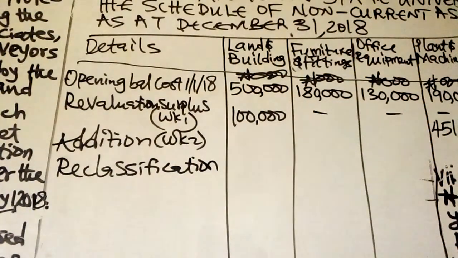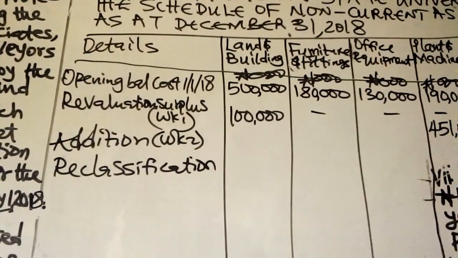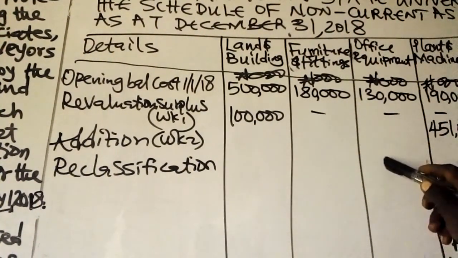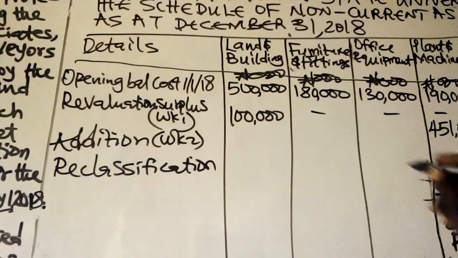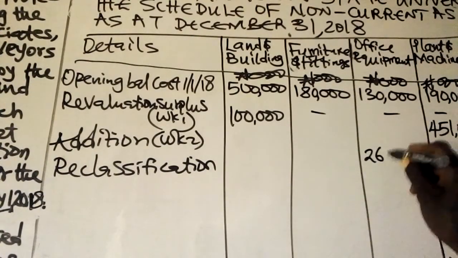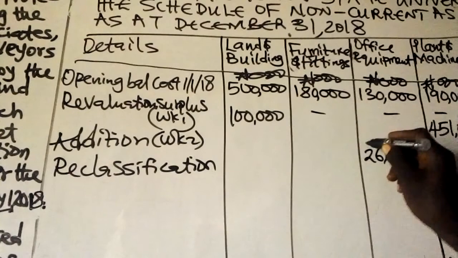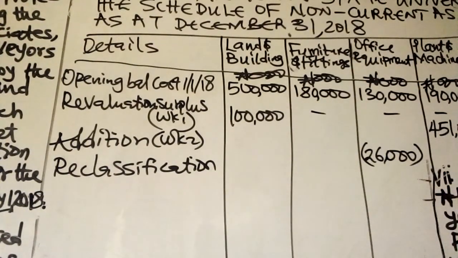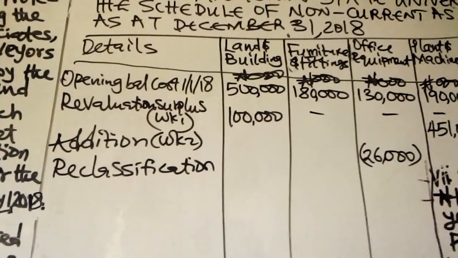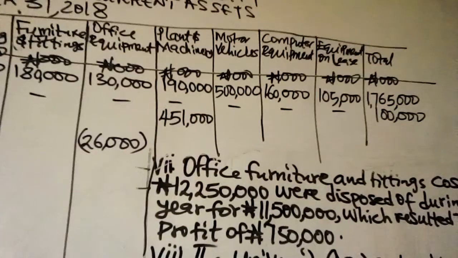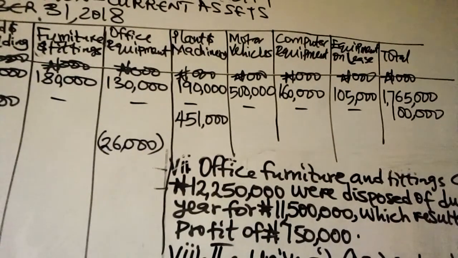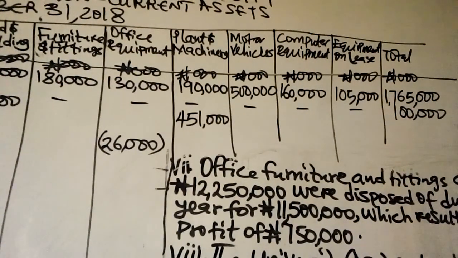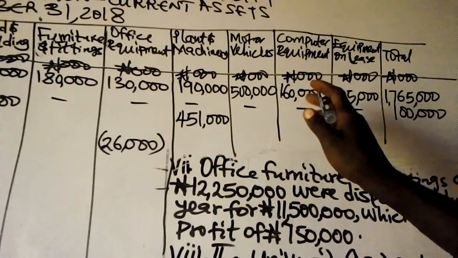We want to remove it from office equipment. Then in our office equipment column, 26 million is going out of that, and it is coming back to computer equipment because it ought to have been classified as computer equipment.